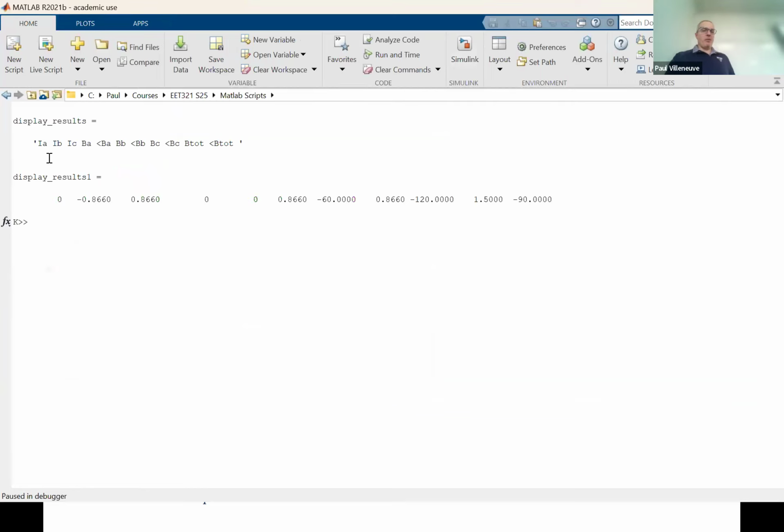So I don't have the spacing set up correctly, but you can see IA is 0. IB is negative 8.66. And IC is positive 8.66. Those match, if you look at the sine waves where we are with 120 degrees, those should match those values. The BA, because I have 0 current through it, the magnetic field is 0 at an angle of 0. That's where we calculate the angle, but the magnitude of that magnetic field is 0.